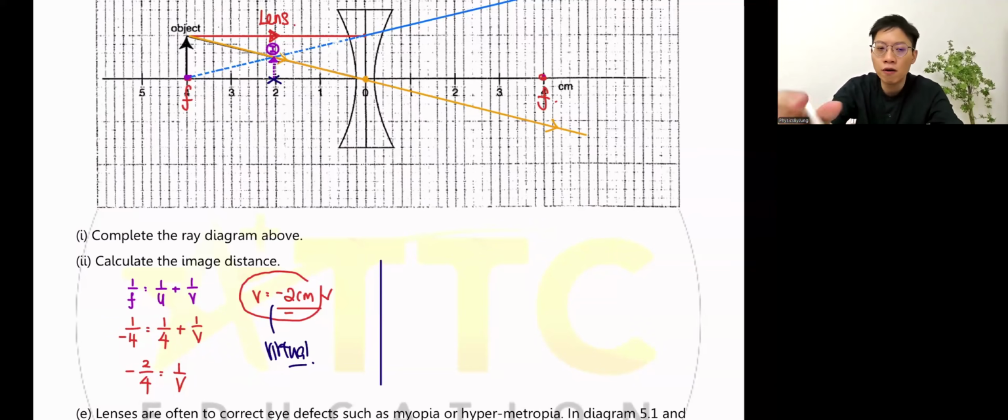The advantage of not putting negative is that when my answer comes out to be negative, I know that I'm correct because my image is virtual. If it's the unknown, we don't put the negative, that is the correct rule. I will show you on Tuesday why.